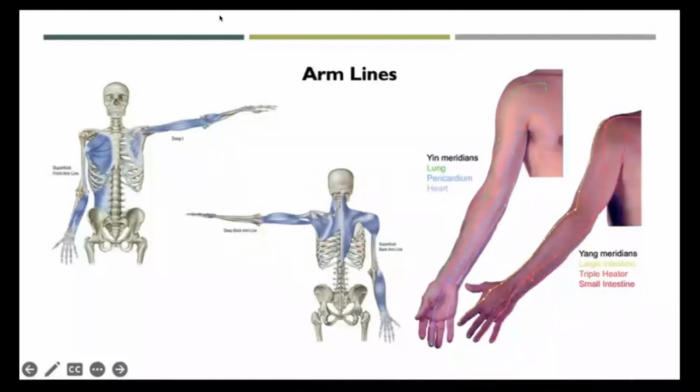The last one we're going to observe here is the arm line. For the arm line, we're just going to look at the yin, the inner. Well, actually, I put both of them there, the front and the back of the arm. If we're looking at the inner arm, we have the lung, pericardium, and heart.